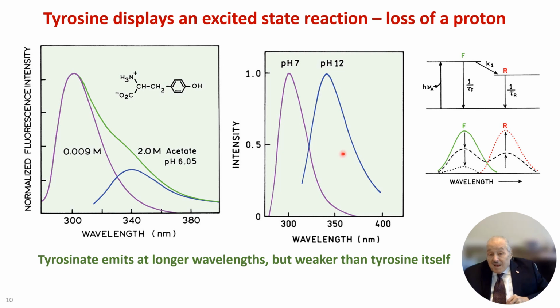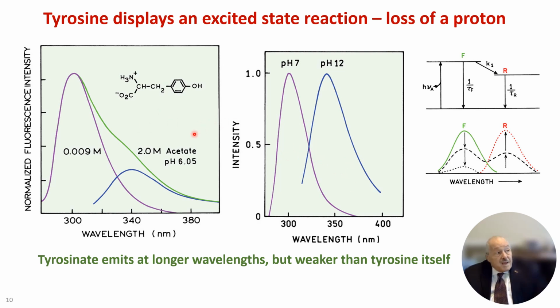On this side, we have just the emission spectra at neutral pH and high pH, normalized. So this is where the tyrosine and tyrosinate emission is observed if you are able to observe it.